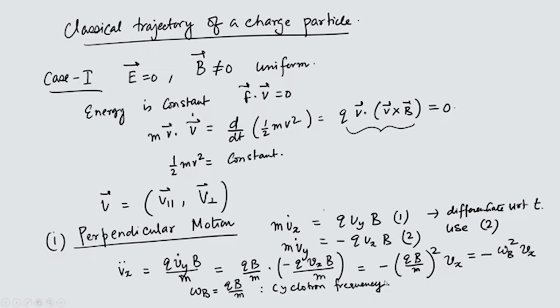So, just a quick recap, we are talking about no electric field, and a charged particle is moving with a velocity v, which has components Vx and Vy, and there is a B, that is a magnetic field. Because of the magnetic field there is a Lorentz force, and in this particular case we know that the energy is constant because F dot V equals 0, and now we are analyzing the motion by writing down the equations of motion.